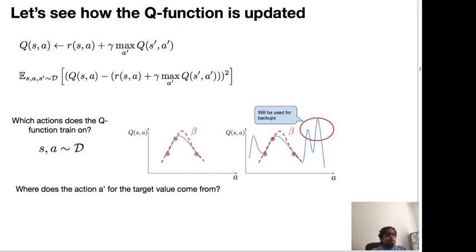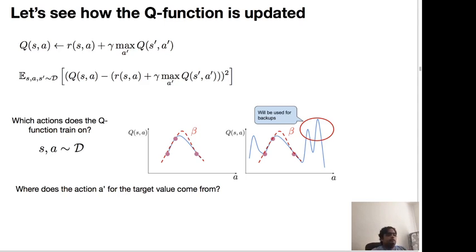In order to understand this better, let's visualize the profile of the Q function for a particular state s along the action axis. The plot that you see here is a cartoon that shows the value of Q(s,a) on the y-axis as a function of the action on the x-axis, and the state is fixed here. The dashed line that you see here is the behavior policy, so those are the high density regions of the behavior policy that are marked here.